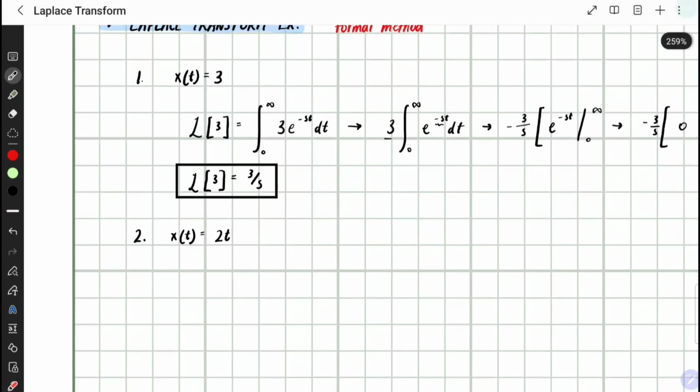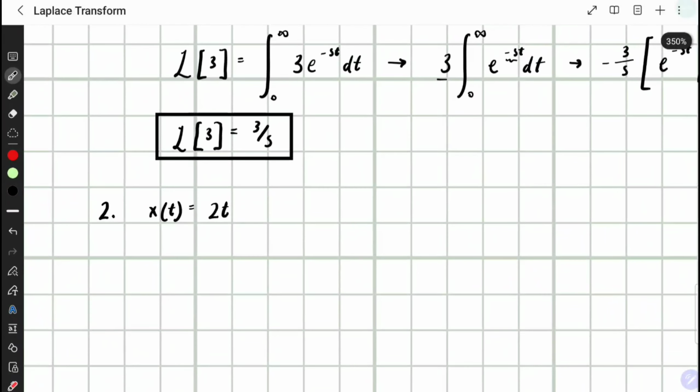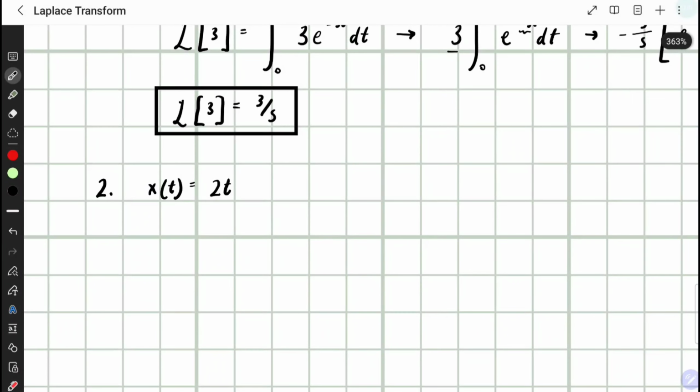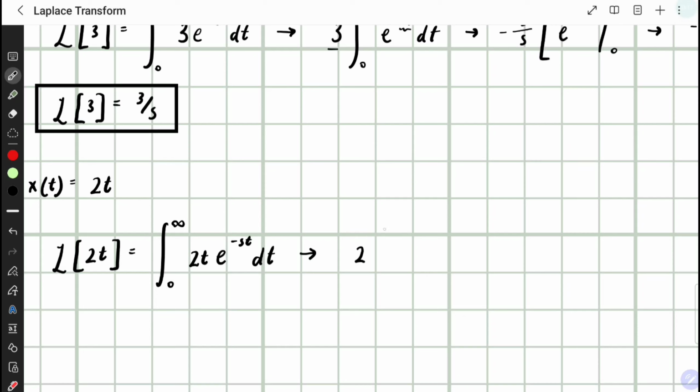Cool. Now the second problem is x of t is 2t. Same thing here. We'll take the Laplace transform of 2t, which is the integral from 0 to infinity of 2t e to the negative st dt. 2 comes out. And in this case, we can do integration by parts.